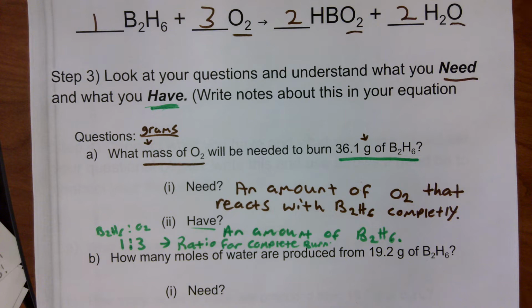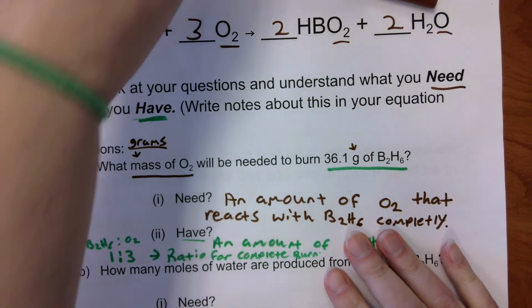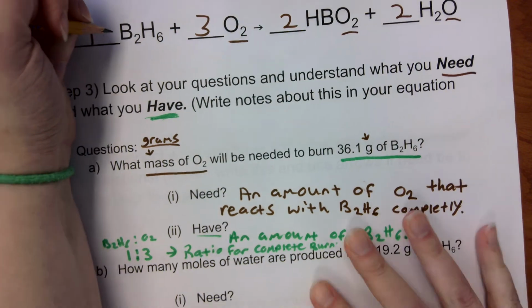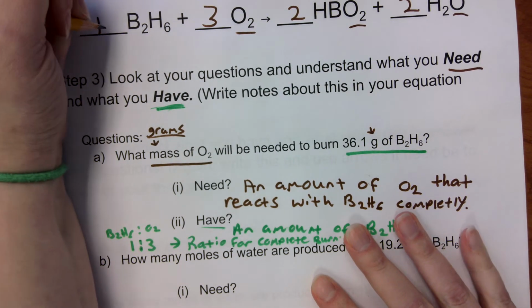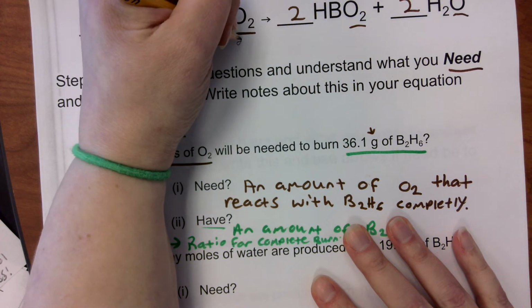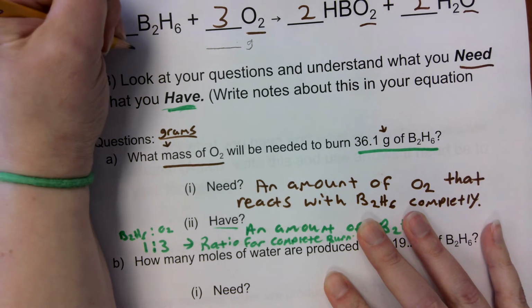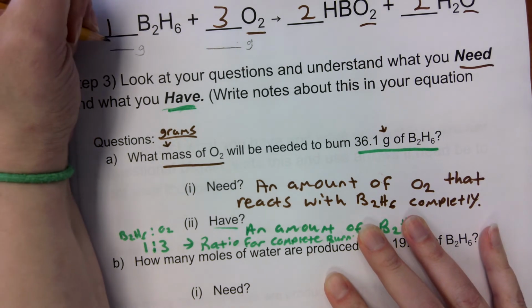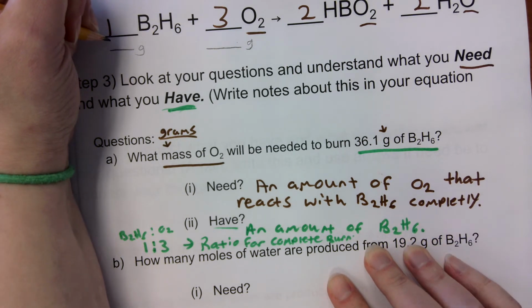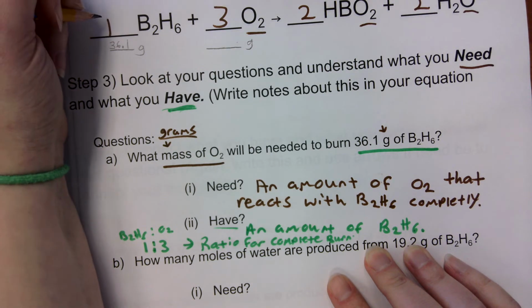And you can even mark that on here on your paper. I'm going to use pencil. So we're looking for, so we need to know this in grams. And we have this in grams already, which is 36.1 grams.